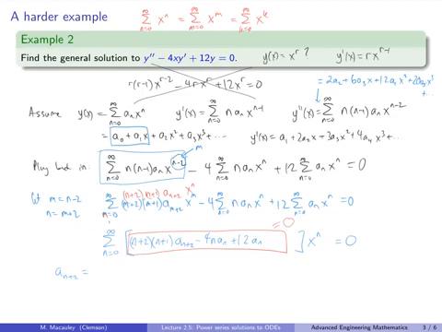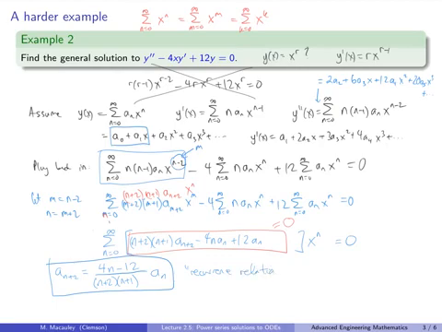So a_{n+2} equals (4n minus 12) over (n plus 2)(n plus 1) times a_n. So this is called a recurrence relation. It doesn't tell us what the coefficients are, but it says if we know what the nth one is, here's a formula for the (n+2)th coefficient, and so on.